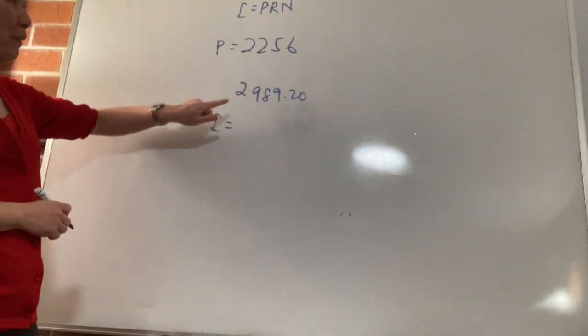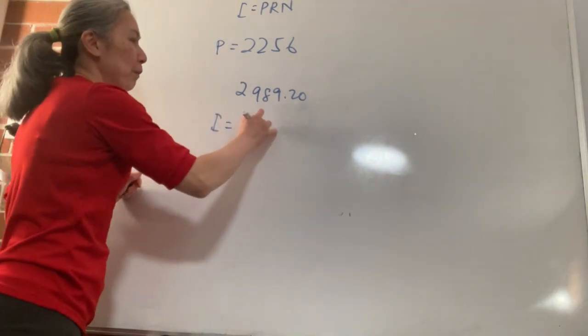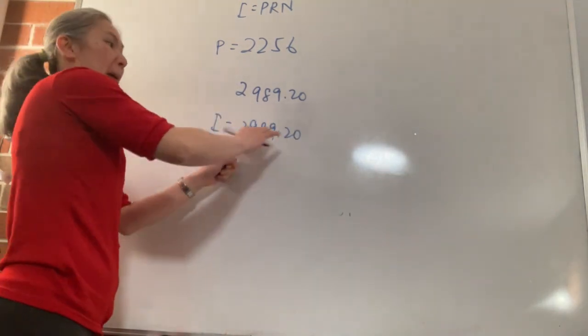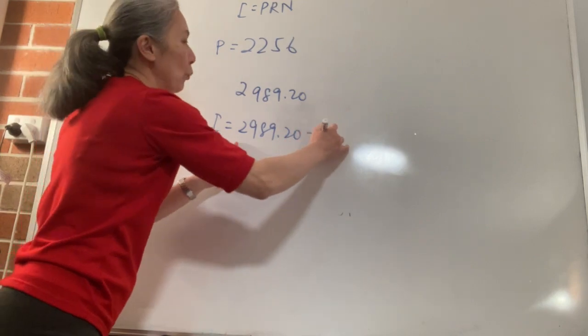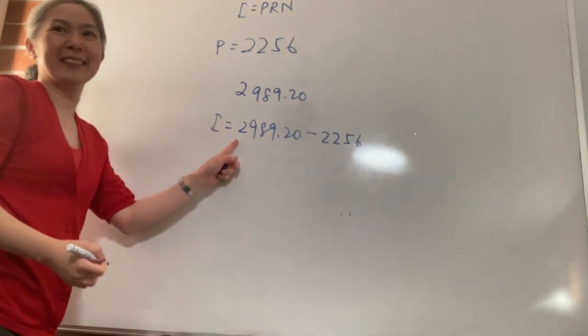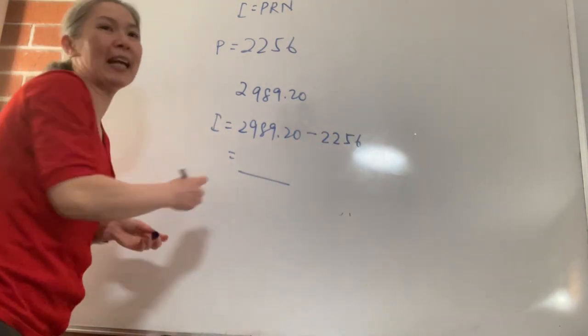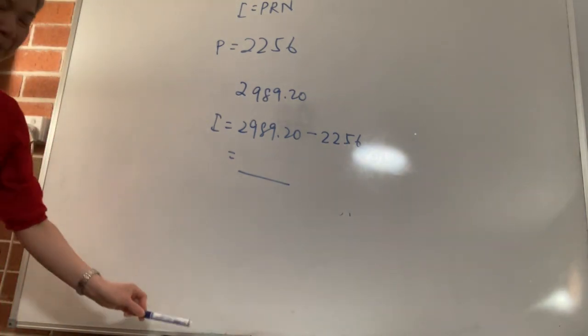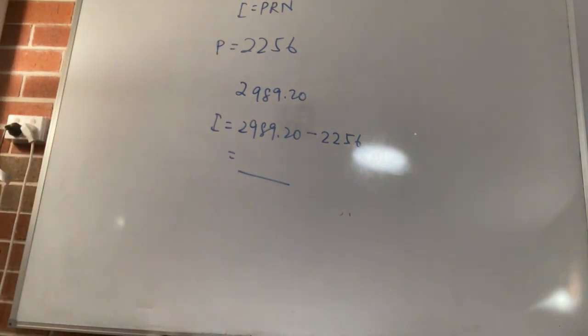So the interest will be, you are taking this, the end result minus whatever you start with. That will give you the interest. This is the extra step you need to work out. I did not give you the interest straightforward.